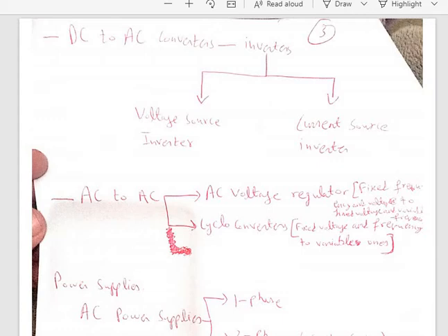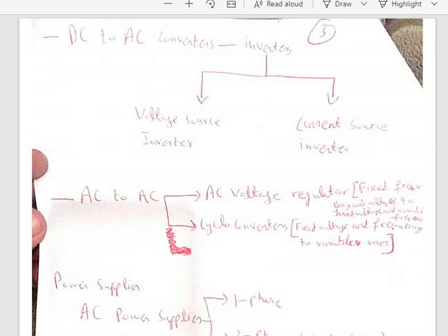That is to say, a regulator is capable of changing the amplitude or rating of the voltage, but the output frequency will remain the same as the input frequency. However, in cycloconverters, you are free to change the amplitude of the voltage, that is the rating of the voltage, and the frequency as well. So you change the fixed voltage and fixed frequency into variable ones.